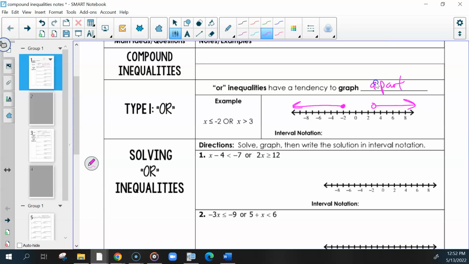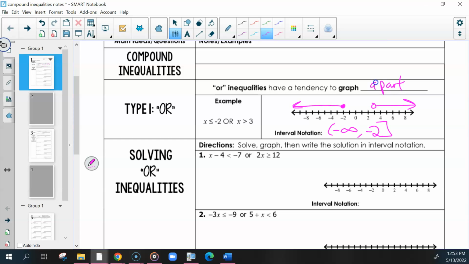And then we have to write this in interval notation. So that's kind of going back to when we were doing domain and range in the transformations unit. We're reading this left to right. So reading this left to right, this would keep going off the graph, go towards -infinity. And then it would stop at -2.